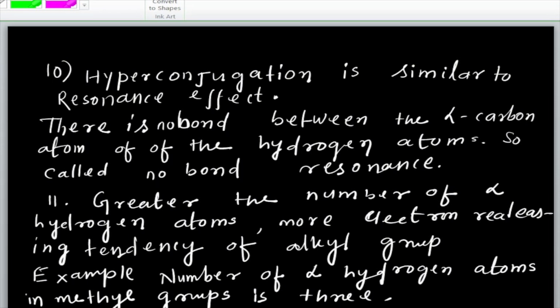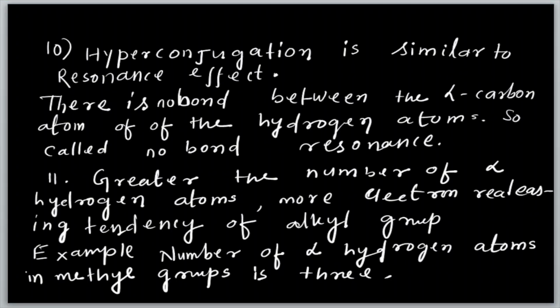Hyperconjugation is similar to the resonance structure. You can find a totally similar structure, but in the resonance effect there is no meaning of alpha carbon or alpha hydrogen. In hyperconjugation, when it produces the contributing structure, there is no bond between the alpha carbon and alpha hydrogen, so it is called no bond resonance.